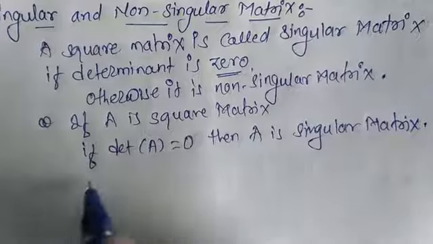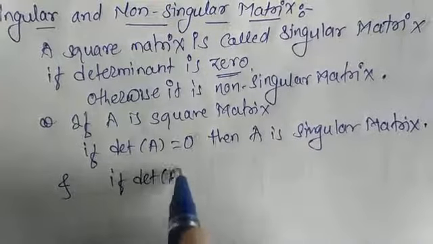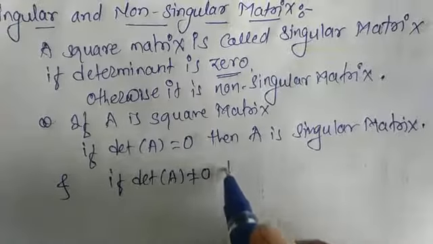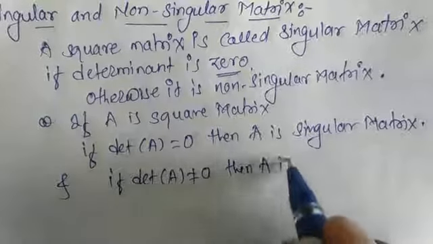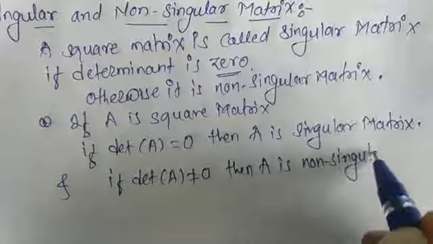And if the determinant of A is not equal to 0, then A is a non-singular matrix.